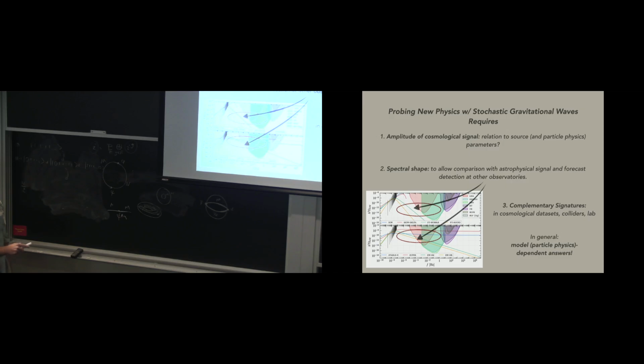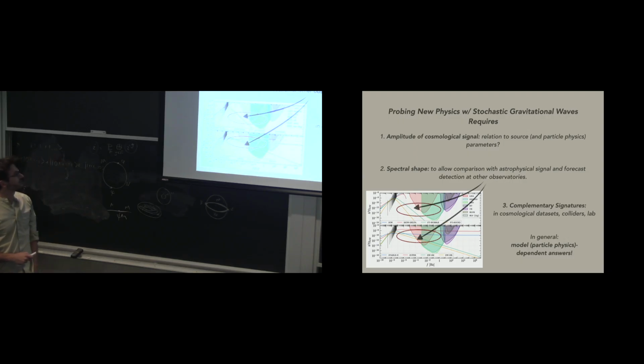In some cases you have overlap with future sensitivities of other detectors, so you may hope to see these signals, if they are of cosmological origin, in other detectors. And then of course it would be nice to have other signatures like the ones we were mentioning about delta N effective and so on. But all these questions typically have model-dependent answers. By model, I mean particle physics, so source-dependent answers.